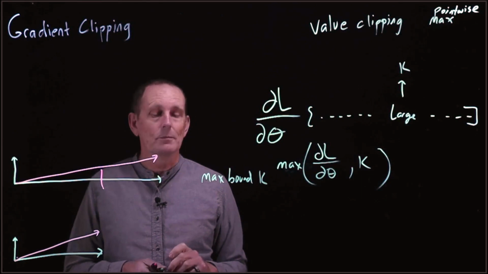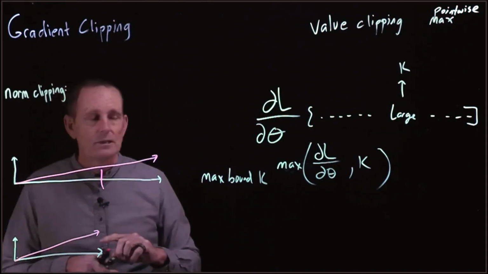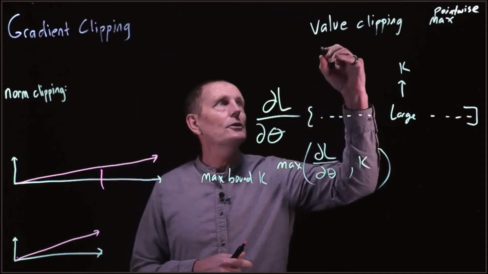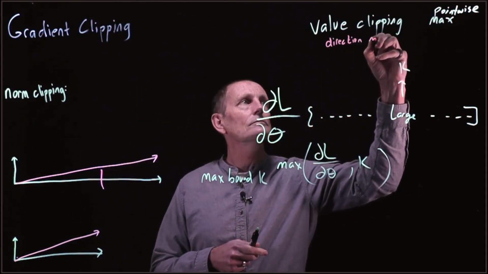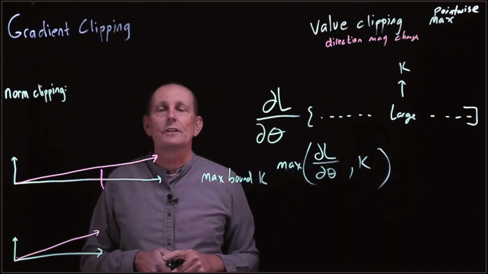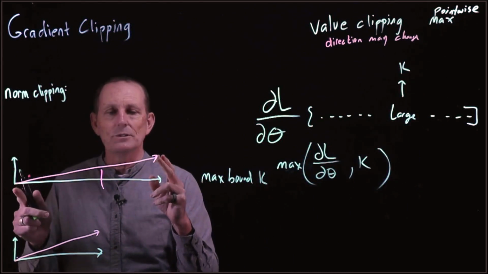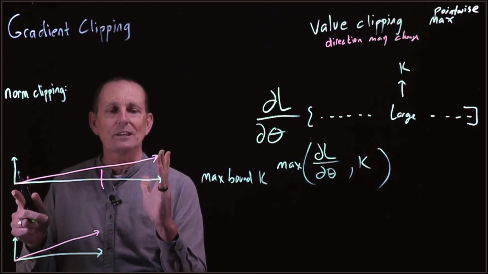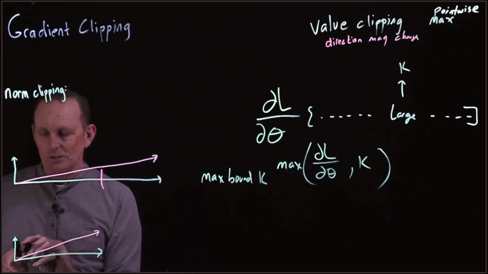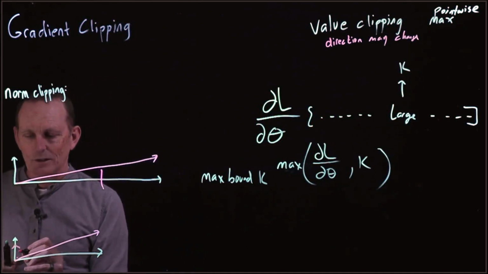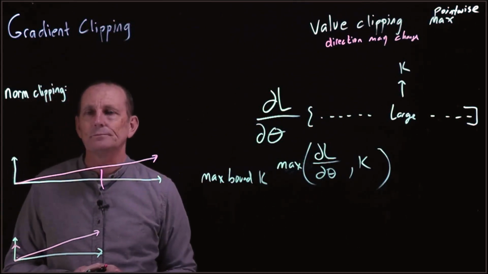An alternate form of clipping is called norm clipping. In value clipping, the direction may change. Norm clipping ensures that the direction does not change. If it is going to reduce this component by a third, it's also going to reduce this component by a third. So we would end up with a vector that looks like this in the vertical component.